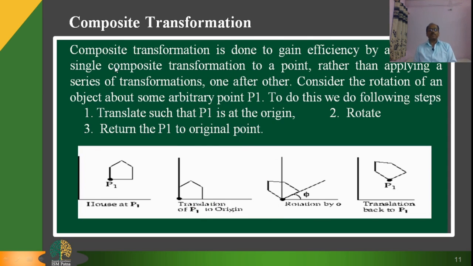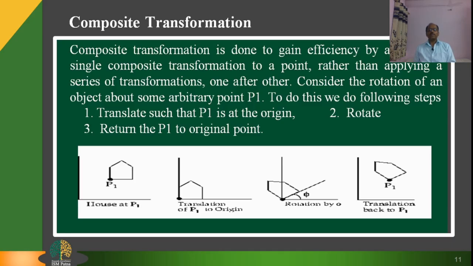The final one is composite transformation. We have seen a series of transformations like translation, scaling, shearing, but all these may be done in the form of a composite transformation.